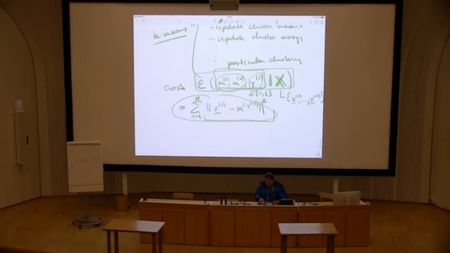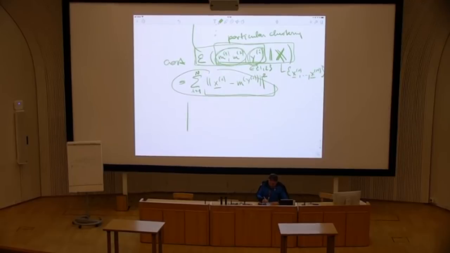And in the next step, it chooses the assignments to minimize this risk with the means held fixed. So it's a coordinate descent method to minimize this empirical risk. However, it turns out that this empirical risk is a non-convex function.